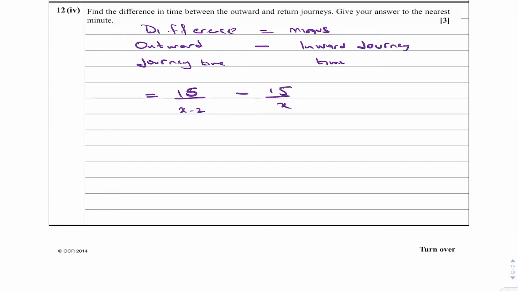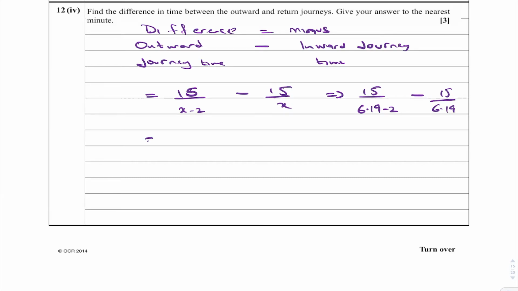And that becomes, which implies that 15 over x is 6.19 minus 2, minus 15 over 6.19.